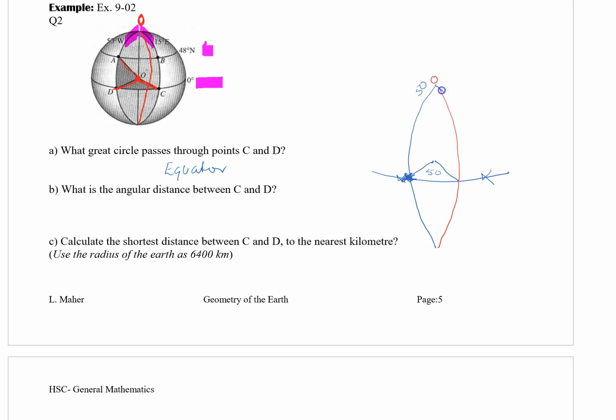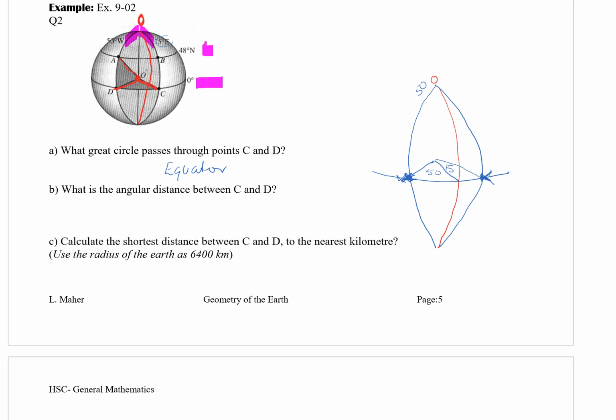And then we have another line of longitude that passes through point C. And we know that the angle between Greenwich and that location is 15.